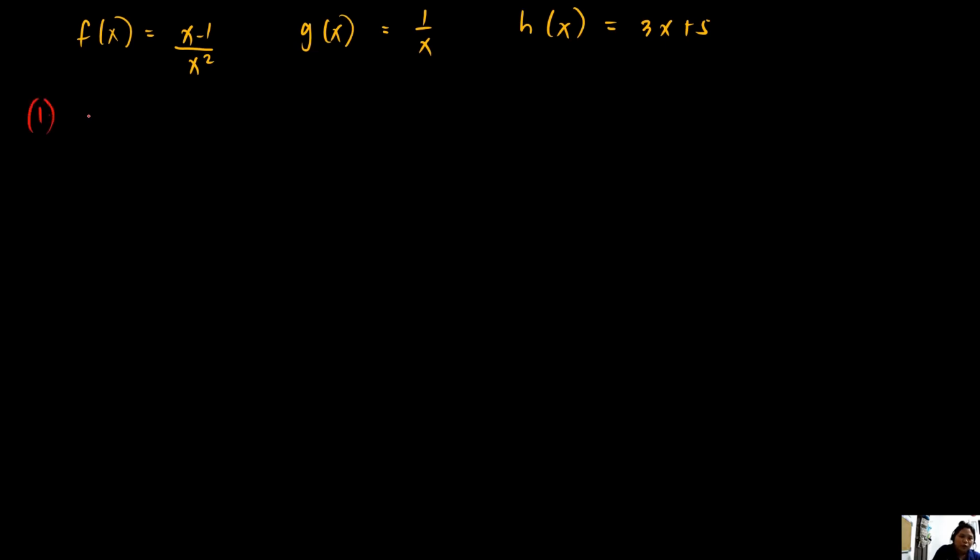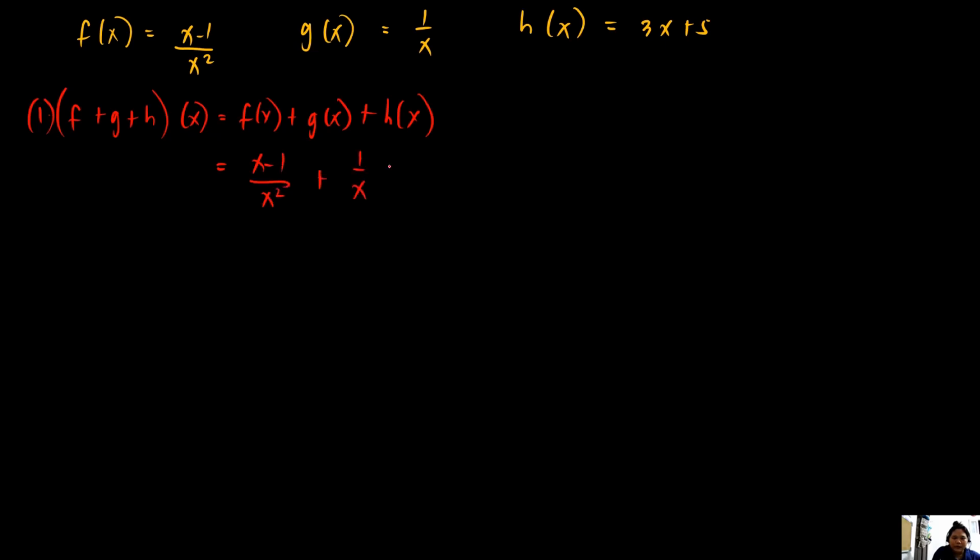So all we have to do is to add them together. Okay, so f plus g plus h of x is equal to f of x plus g of x plus h of x. Okay, so we will have x minus 1 all over x squared plus 1 over x plus 3x plus 5.